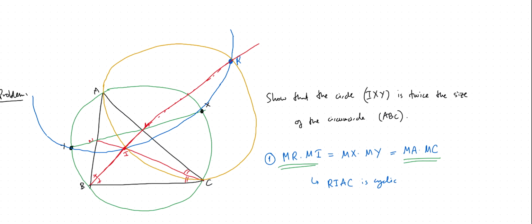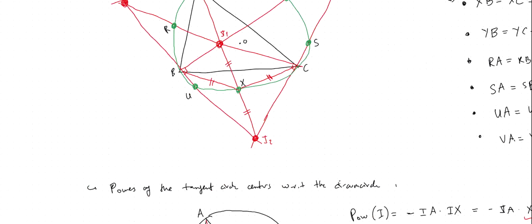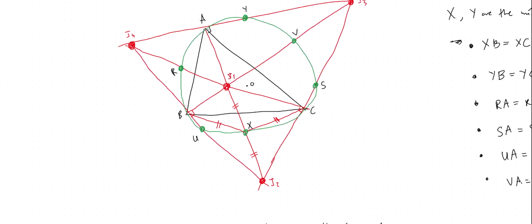We already know that the internal center and the external center on the same bisector are cyclic together with the other two vertices. That we know from here. It doesn't have to be internal and external.